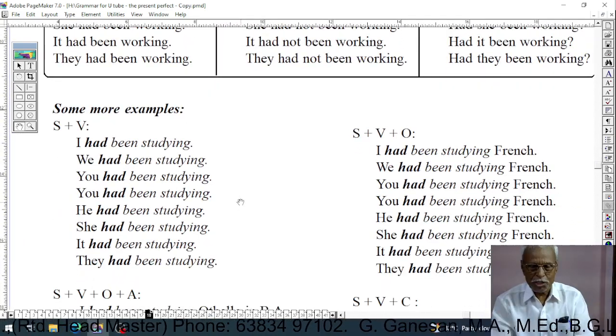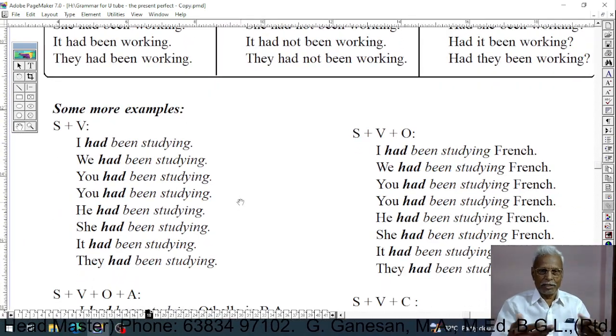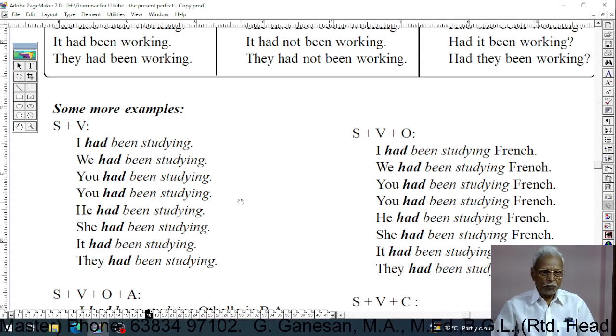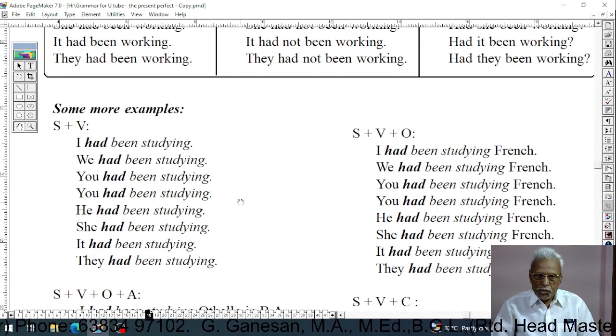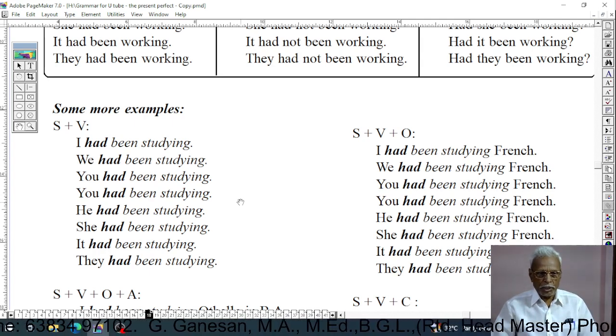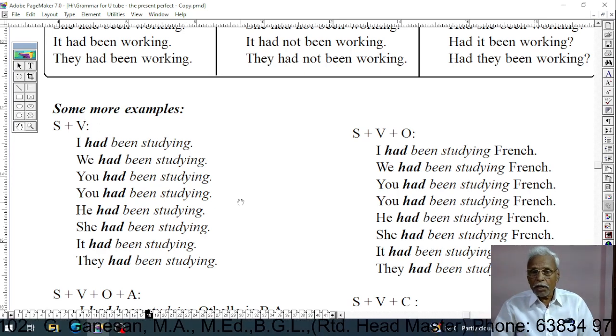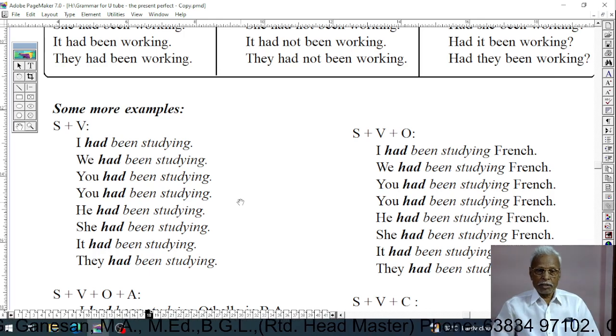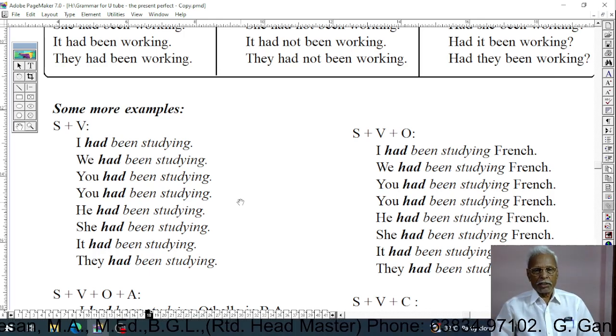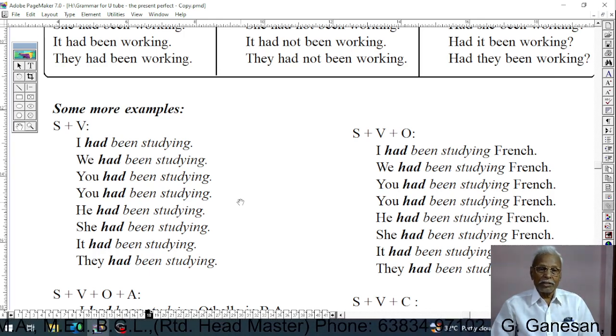You see, some more examples, as usual, I am giving here. I had been studying. We had been studying. You had been studying. He had been studying. She had been studying. It had been studying. They had been studying.